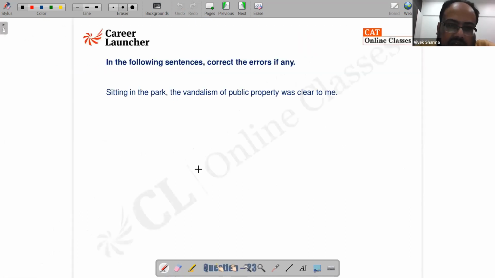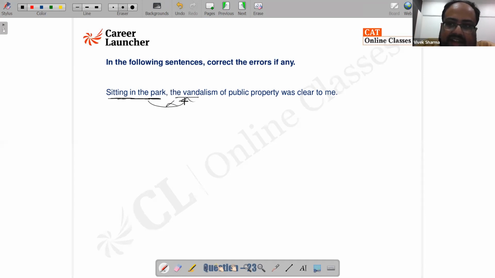Okay. Again, dangling modifier in this question. The problem with this sentence is the participle modifier sitting in the park is placed next to vandalism.